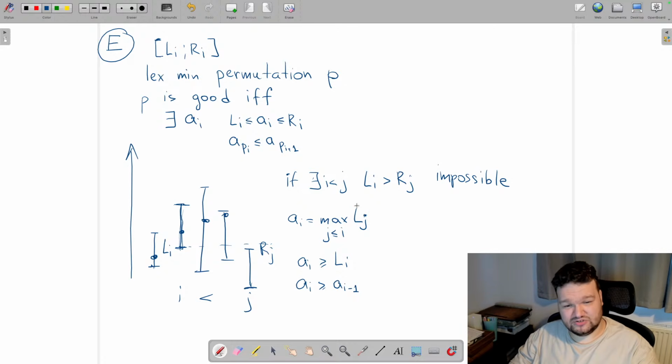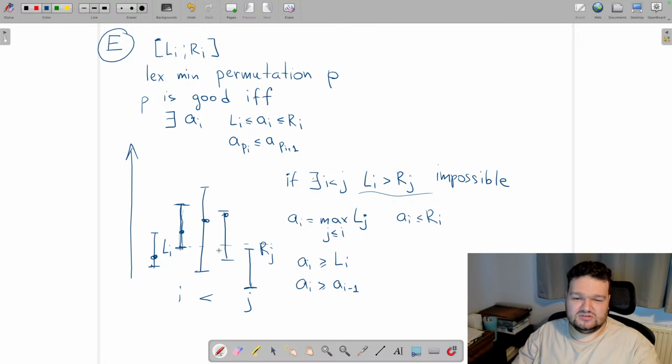And we can show that it is true that a_i always lies on the segment. Obviously, it is at least L_i because we specifically requested that, but also it is true that this happens because otherwise it would mean that the maximum of L_j was strictly greater than R_i, and if we look at the position of the maximum, it will break this condition.